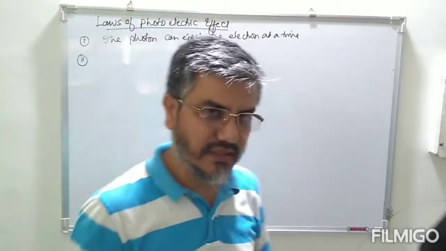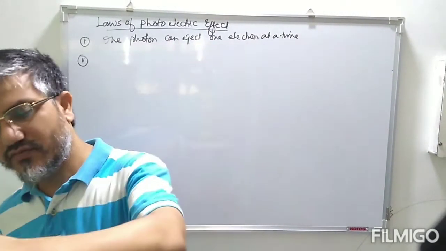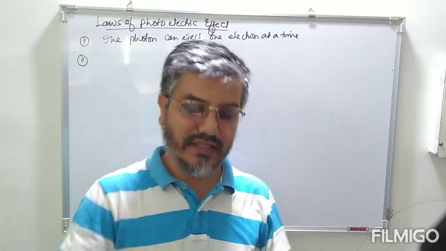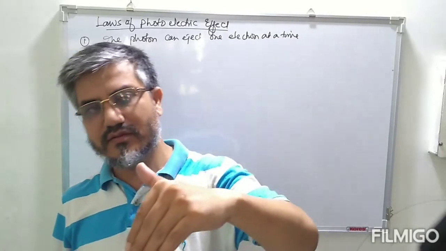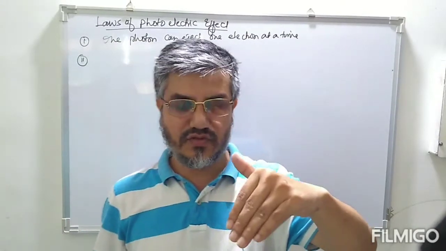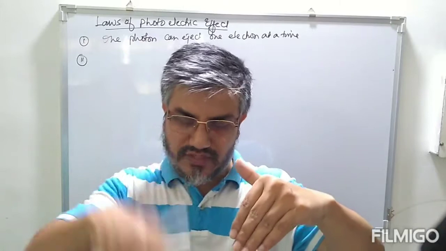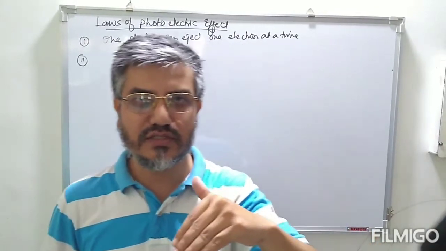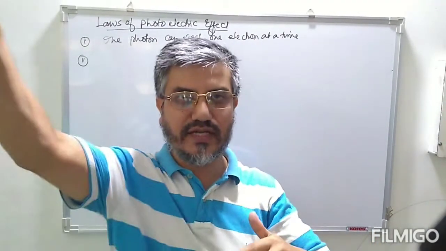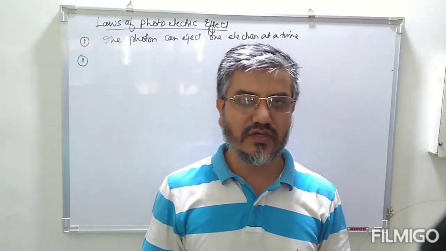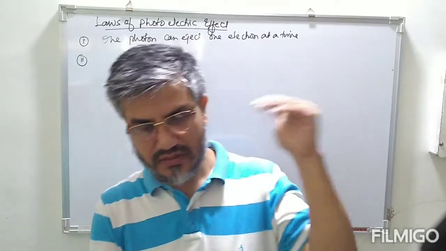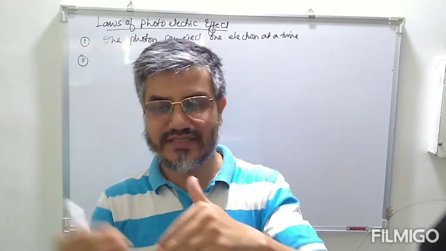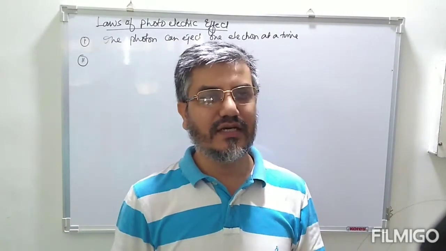Second law: photons are falling on the surface of metal and an electron is to be ejected. Some of the energy supplied by this photon is used up for breaking the binding energy, and the rest of the energy is converted into kinetic energy of the ejected electron. During this process, there is no time lag between the fall of the photon and the ejection of the electron.